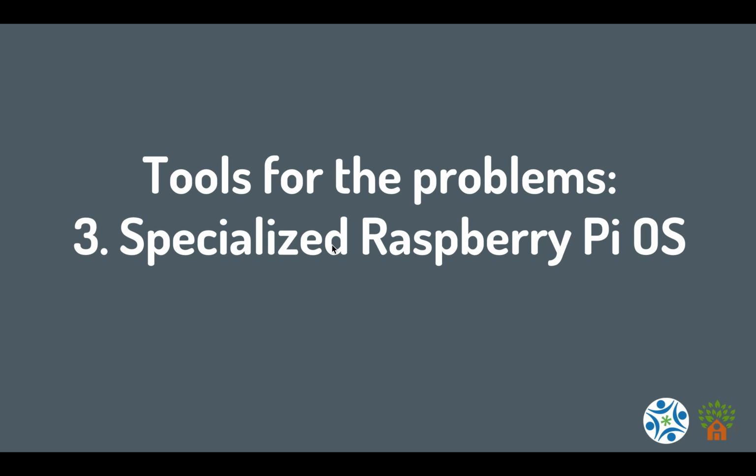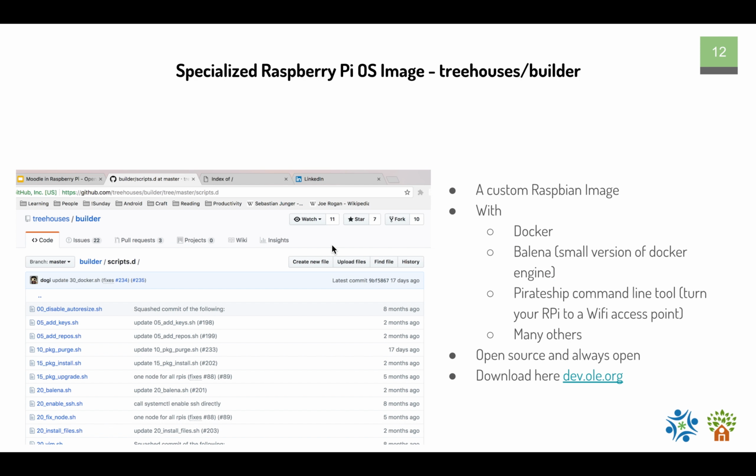And tool number 3 is the specialized Raspberry Pi OS. We already told you that we basically want an OS image that can bootstrap the whole process. Treehouses Builder is our Raspberry Pi OS image builder.